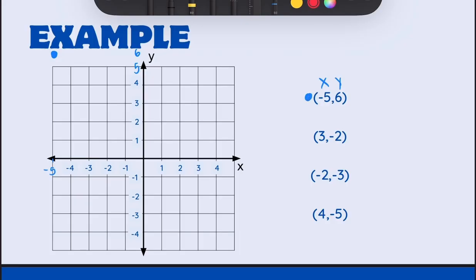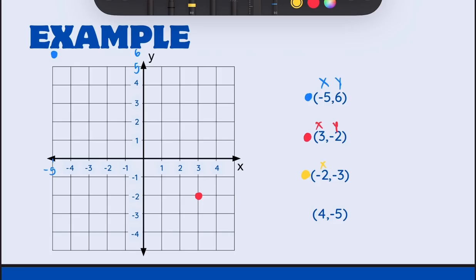Now let's do the second one in red. 3, -2. So my x is 3, which is right here, and my y is -2, which is down here. 1, 2. Down here at 3, -2. -2, -3.